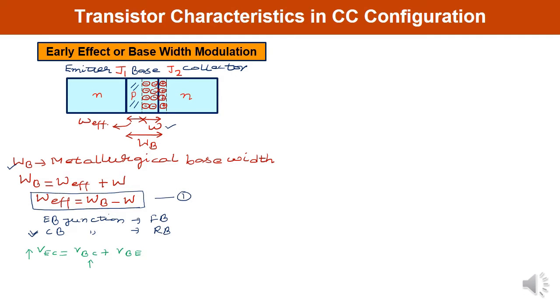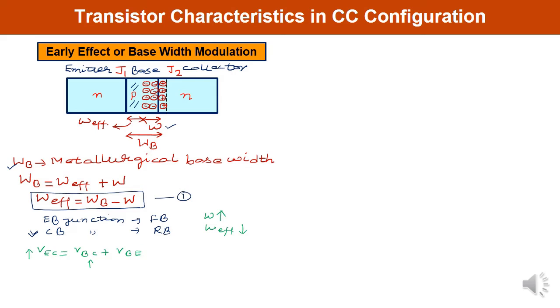VBC will increase, it means this depletion potential which you are applying across the collector base junction is increased. It means the depletion region will increase. When the depletion region increases, it means this portion W which is extended into the base region will increase. W increase means, from equation 1, you can observe W effective will decrease.